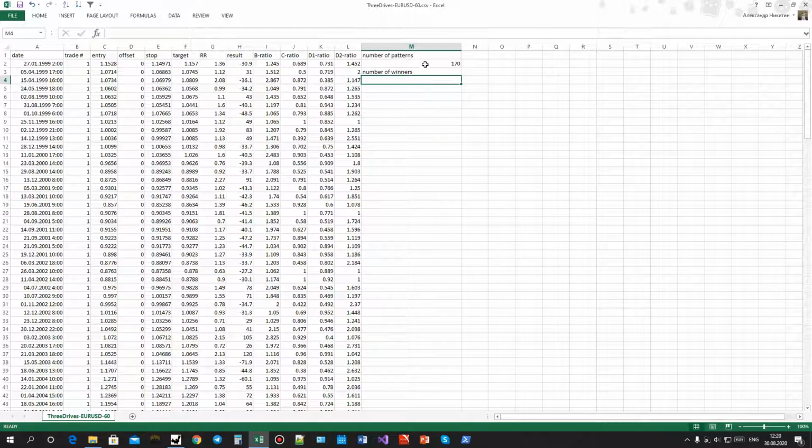Then let's calculate number of winners. Yes, and we'll simply copy this, paste it here, and let's go from 2. Let's count if, and then let's set some criteria, more than 0.